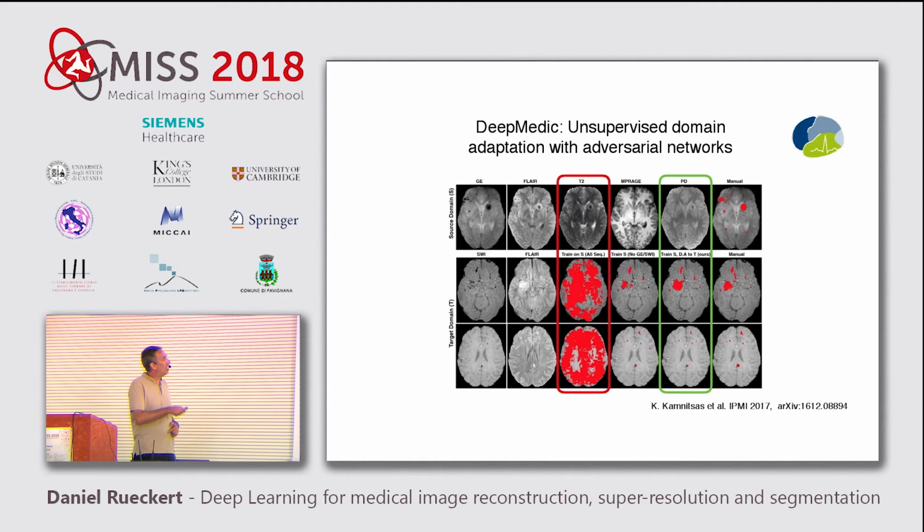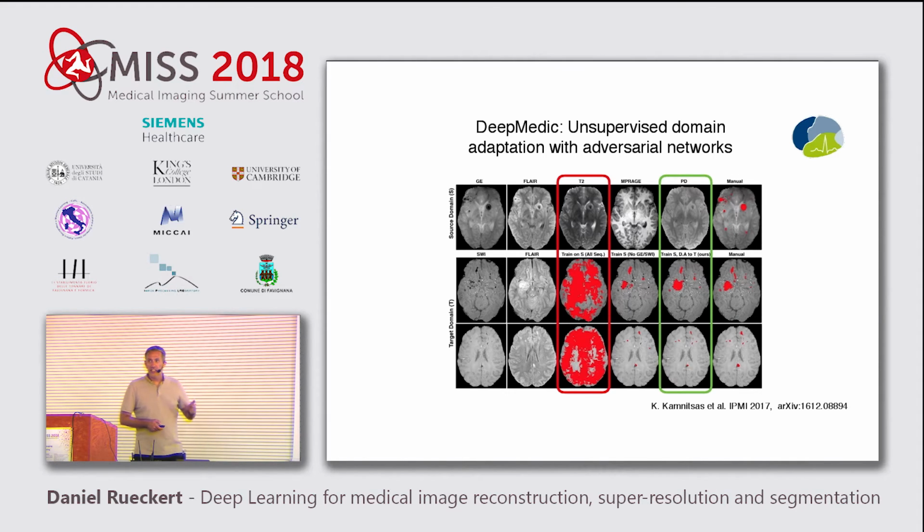If you train a network and you don't make it domain invariant, it will really fail quite miserably. But if you actually have a domain invariant network, it will still perform quite well, even though I've swapped one imaging sequence with another imaging sequence. Okay?